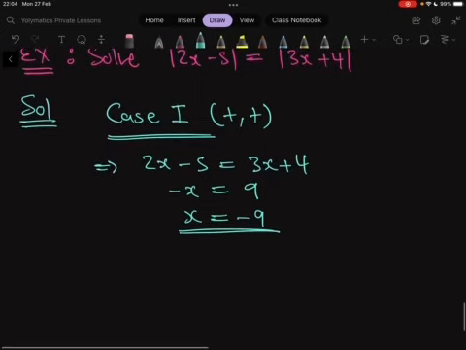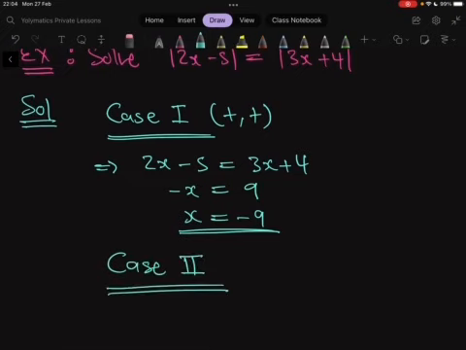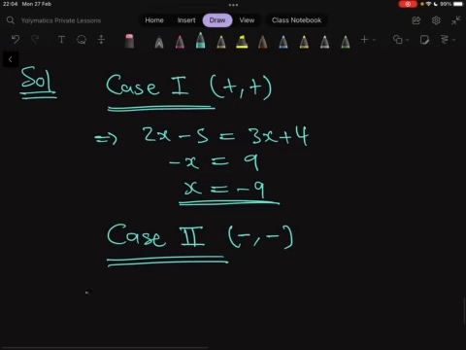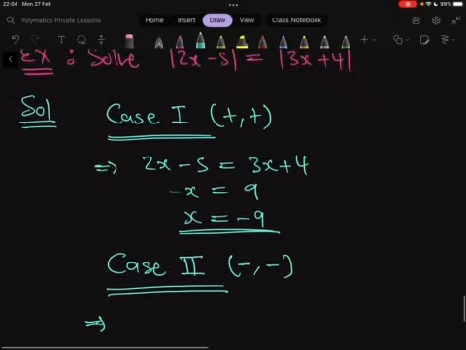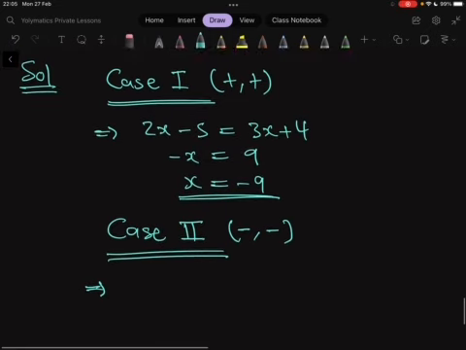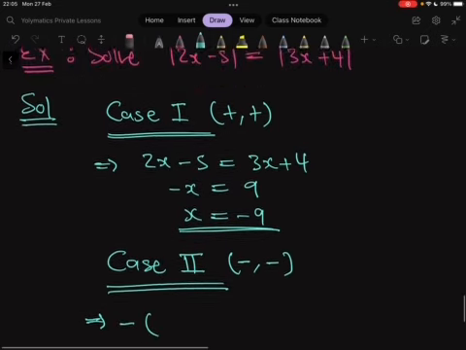Then I move on to case 2. In case 2, you take both sides to be negative. I'll call this the minus case. So both the left and the right hand side are negative. Remember, when the thing inside the absolute value is negative, the absolute function will always multiply that by a negative sign.